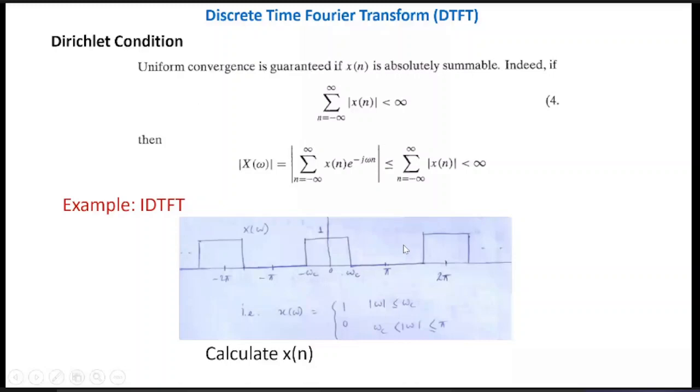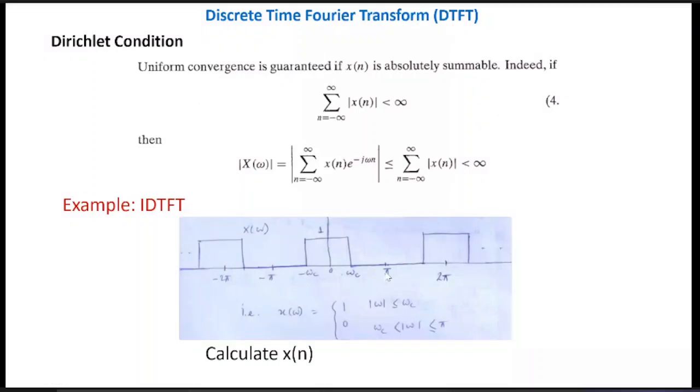So x omega is 1 when the magnitude of omega, the x-axis variable, is less than omega c, and outside that it is 0, within omega c to pi. Because it is a discrete frequency variable, the frequency ranges from minus pi to pi.